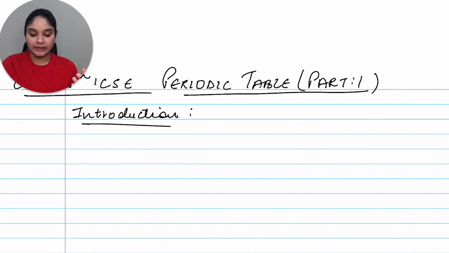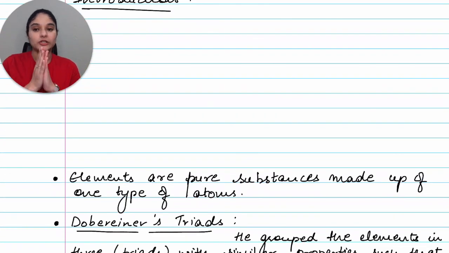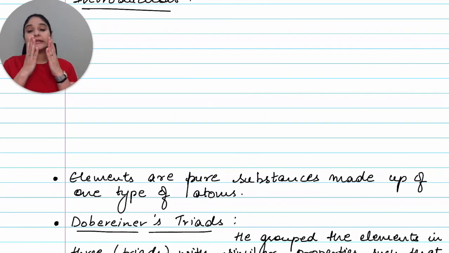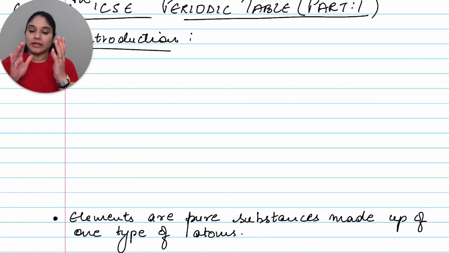That is why they came up with different methods. So that is your introduction to the periodic table. What is the need of the periodic table? The basic requirement is to have a better grouping of elements and an easier understanding of those elements, so that it is easier for you to memorize them and do more research on them further.